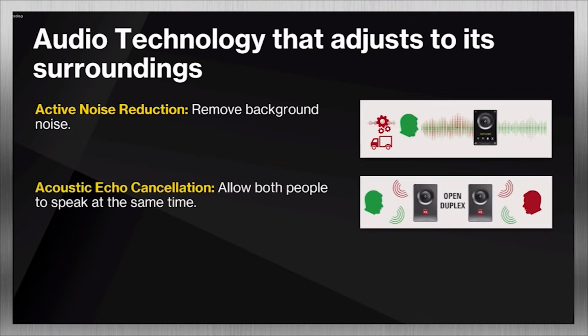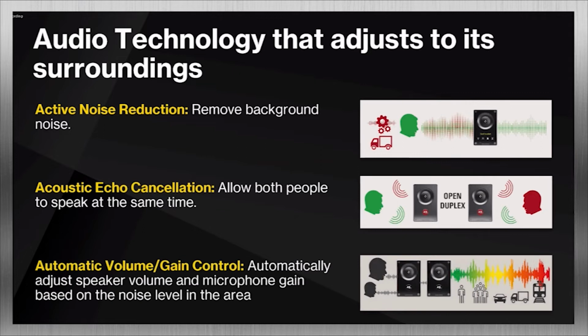Acoustic echo cancellation is designed to remove echoes, resonance, and unwanted added sounds in your communication. And for example, automatic volume and gain control decreases or increases the sound level of the person talking to the intercom to allow for a good and crystal clear listening experience for the receptionist or the control room officer on the other side.